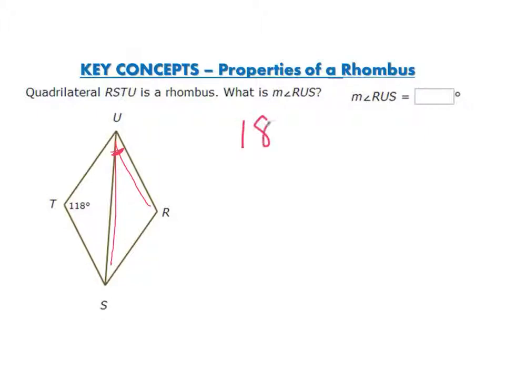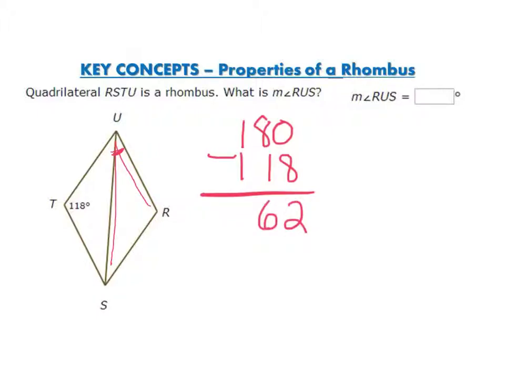I'm going to start at 180 degrees. Now, I don't have to cut this in half to get the 90-degree angle. I'm just going to use that larger triangle. I'm going to subtract 118 from 180 degrees. And I get 62.